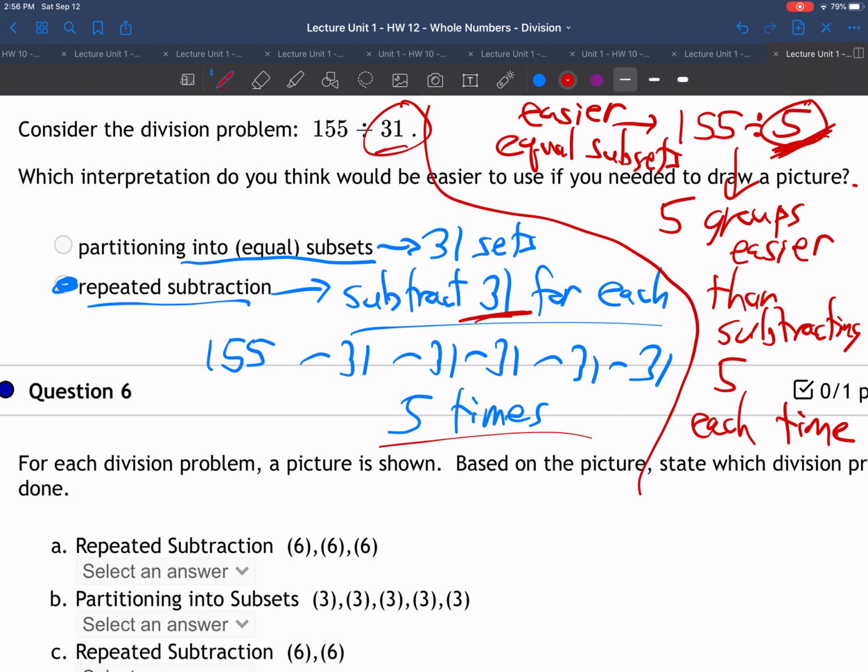So look at the second number and ask yourself, would it be easier to have that many subsets or to subtract that number every time? So with 31, it's easier to subtract that number every time. So repeated subtraction. If they'd given me 5, it would be easier to make 5 groups than to subtract 5 every time. That's how we answer that question.